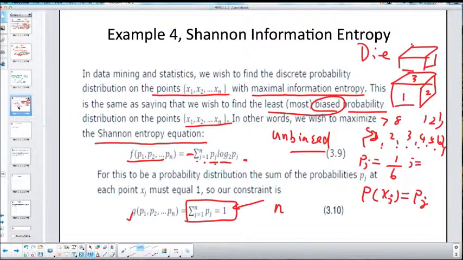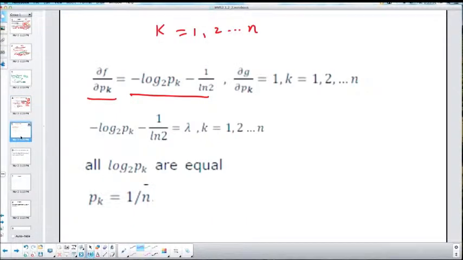Is the information negative? No, it's positive, because the probability is always less than 1. Since it's less than 1, the logarithm of pj is always negative, and the negative makes it positive. The information is positive. Then you take the derivative of f with respect to pk, you get this.